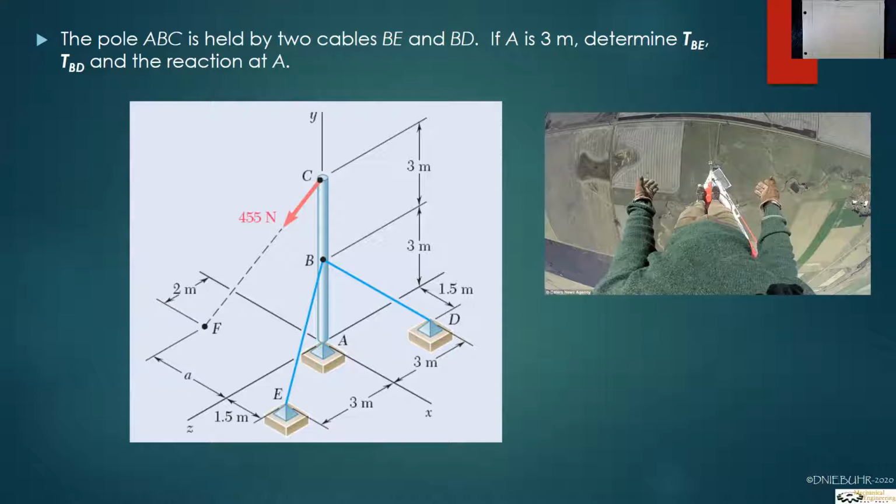You're standing at the very top of it, so it's only 6 meters, so it's not as intimidating as the picture. You have a single cable at the top at C, and you're given that it's carrying a tension of 455 newtons. And then you have the cables BE and BD as shown. When we want to solve this problem, the first thing we really want to do is the free body diagram.